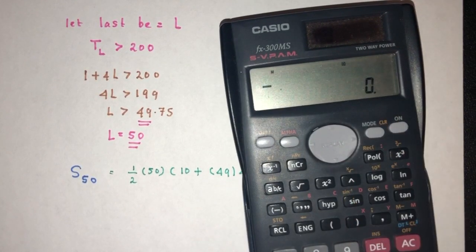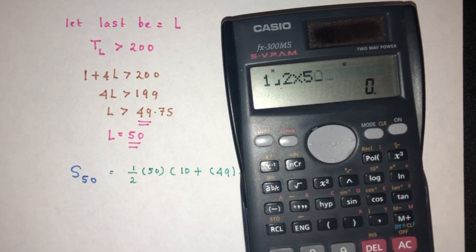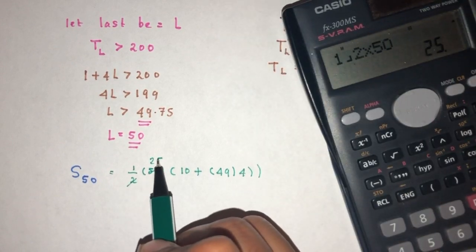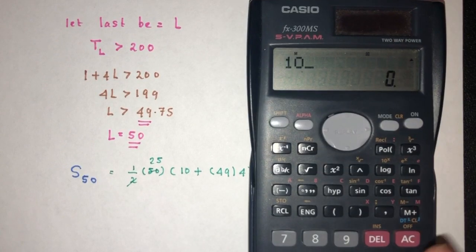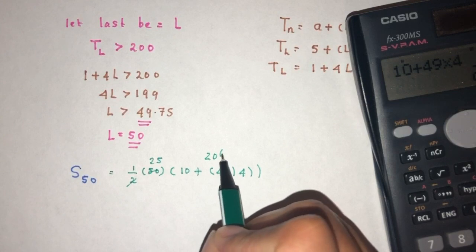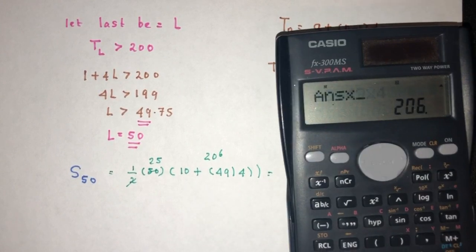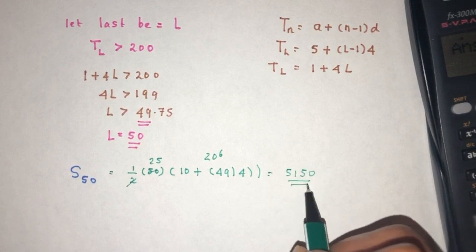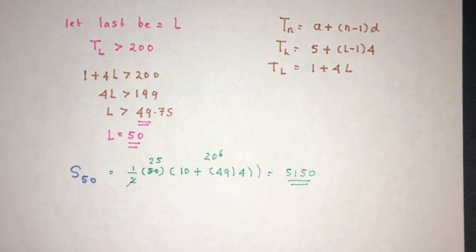Okay, so let's find out. So half times 50, this is simply 25 over here, and the value inside should be 10, plus 49 times 4, that should be 206. So times 25 should be 5150. Okay, that should be the sum of the first 50 terms of this progression.